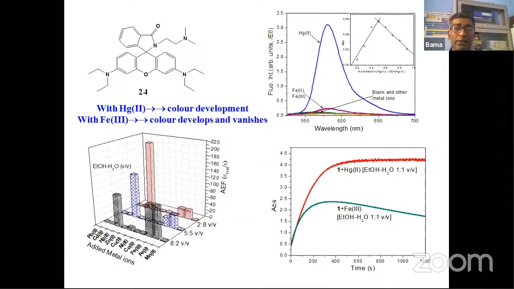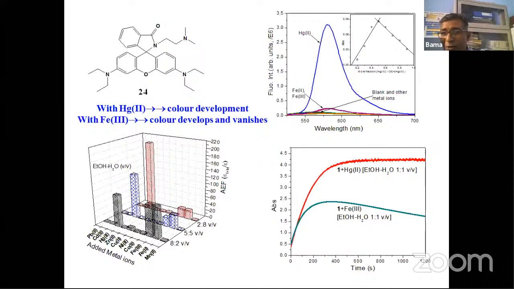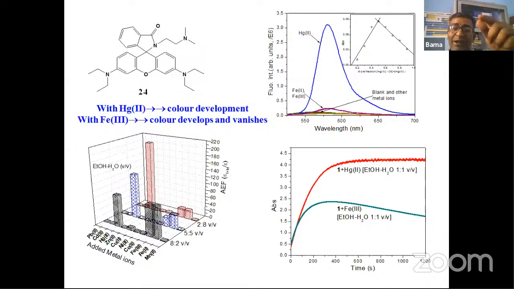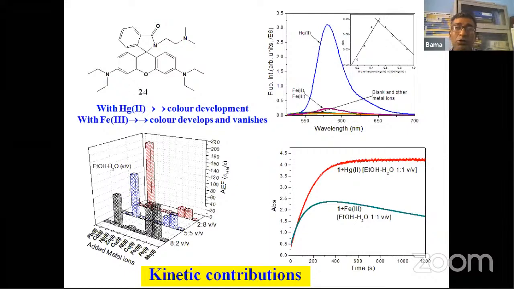Now there is one more observation where we found that initially a metal ion binds because of its affinity towards that particular probe, depending upon the stereoelectronic environment of metal for coordination. Then later on it gets detached, and the other metal ion really binds to it. So that's how the kinetic experiment shows that it has the contribution from the kinetic part also.